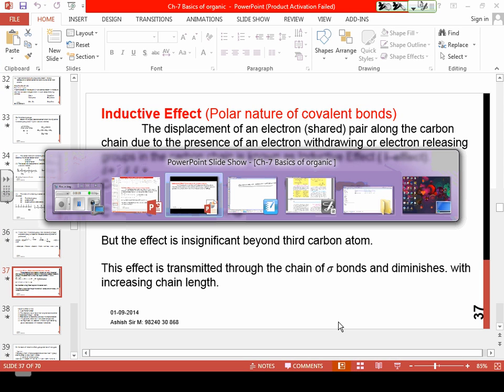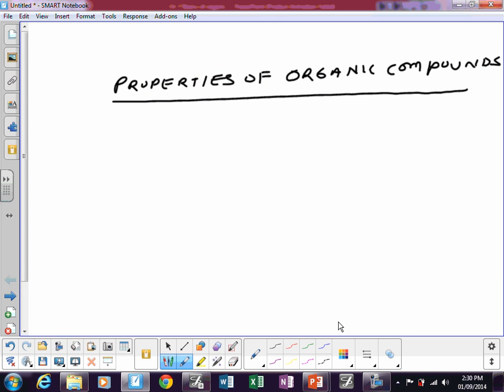However, we will study what is inductive effect. In inductive effect, they are saying displacement of shared electron pair.